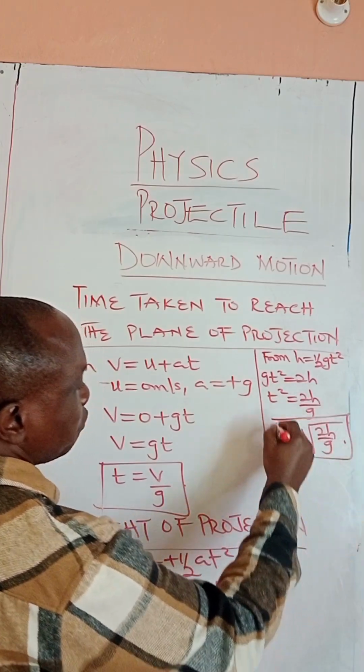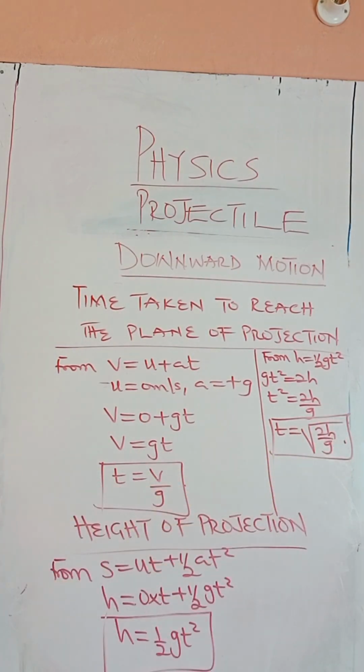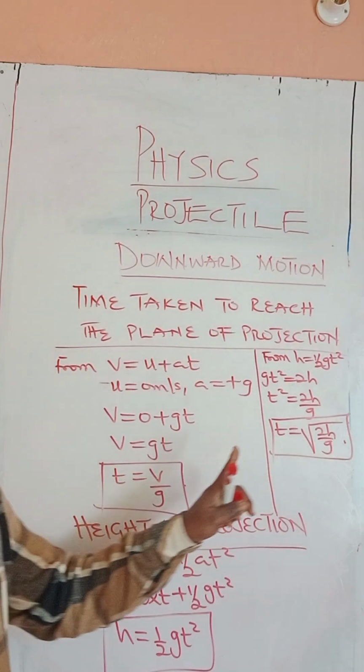This formula is very, very important for calculating the time to reach the plane of projection for a body projected vertically downward. So please take note of this formula, and this formula.